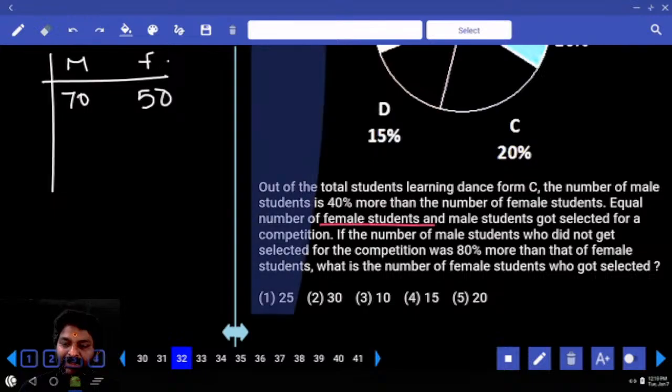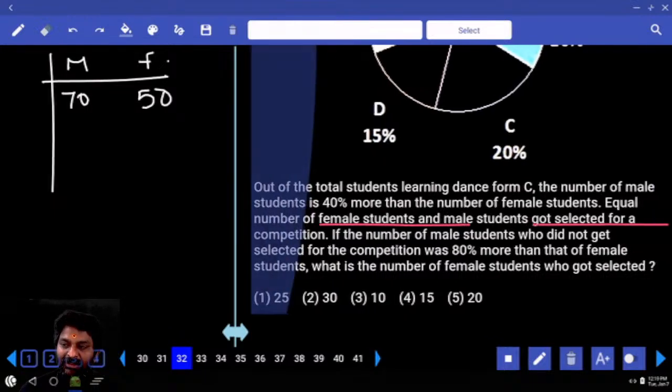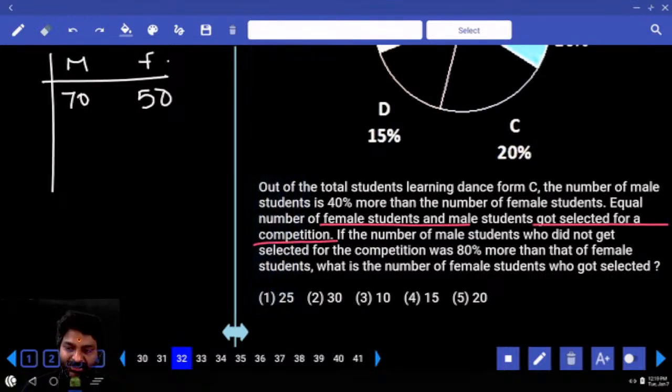Equal number of female students and male students got selected for competition. If the number of male students who did not get selected for the competition was 80% more than that of female selected, what is the number of female students who got selected? Okay, right. What is difference here? 20, right?